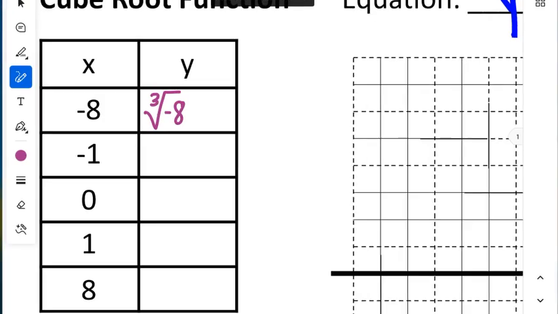See it? You go to math, that's number 4. So it's -2. Cube root of -1. Put that in the calculator. Cube root of 0. Cube root of 1. And cube root of 8.